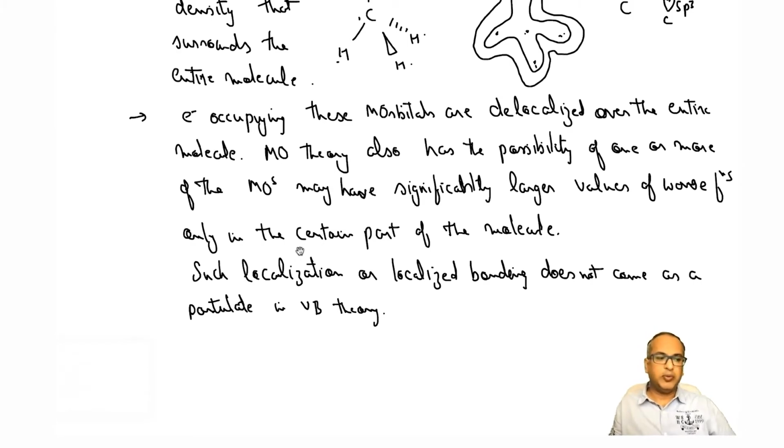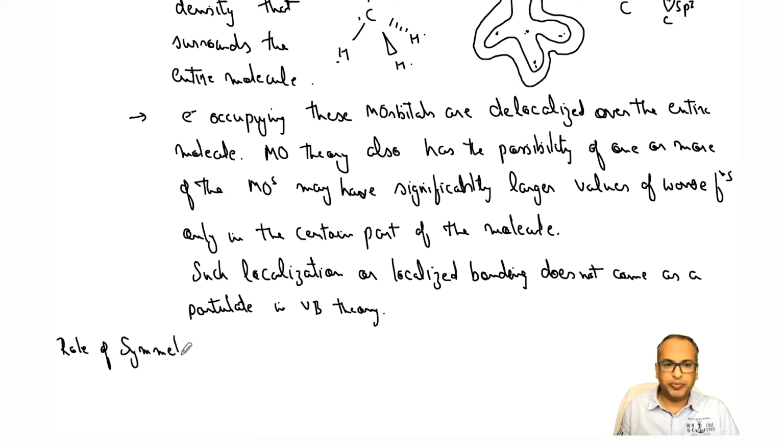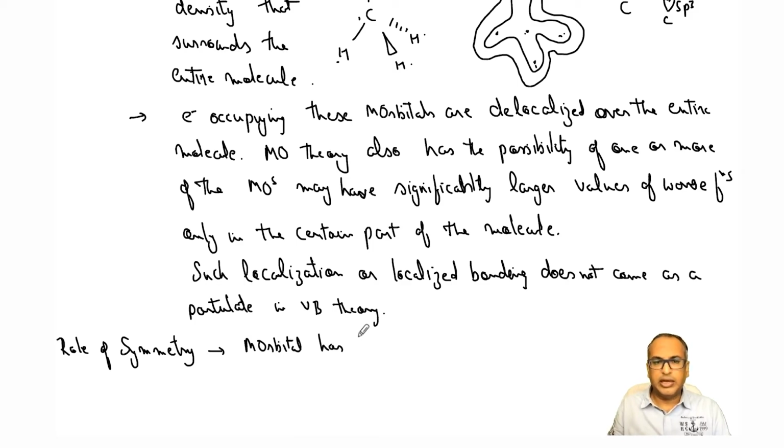So now, before actually going to develop the MO diagram using different examples with the help of symmetry and group theory, let us see what the role of symmetry is, how symmetry can play a role in MO theory. So imagine that the molecular orbital has the symmetry of the molecule.